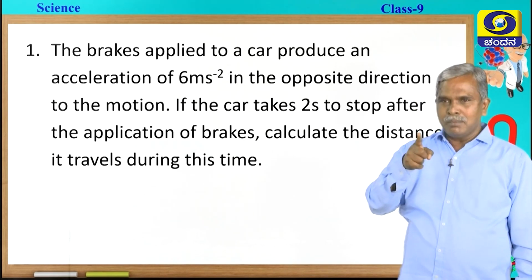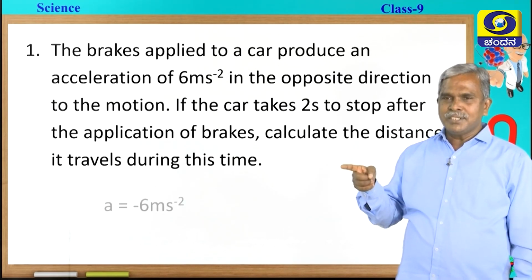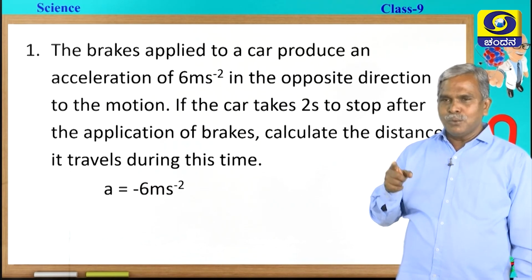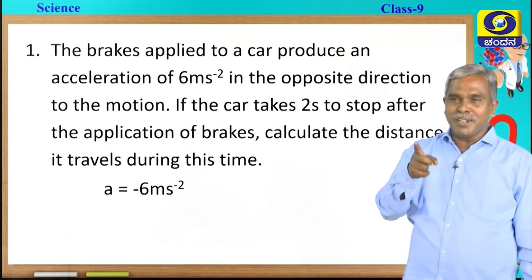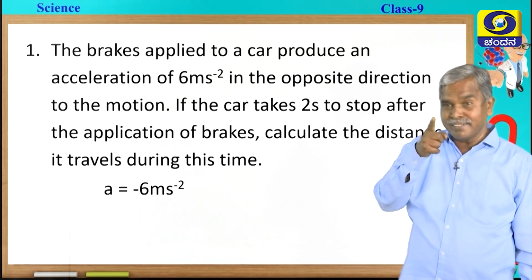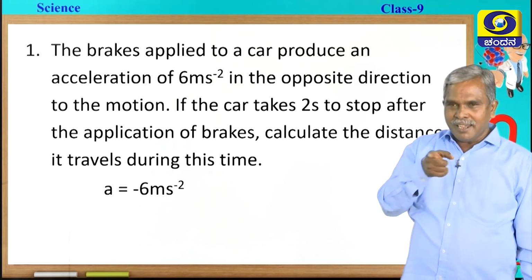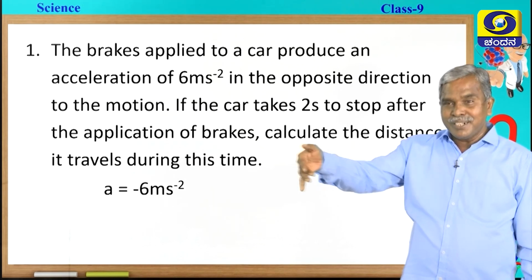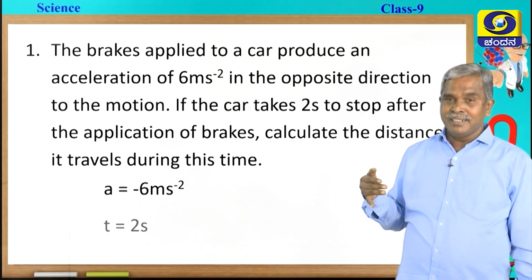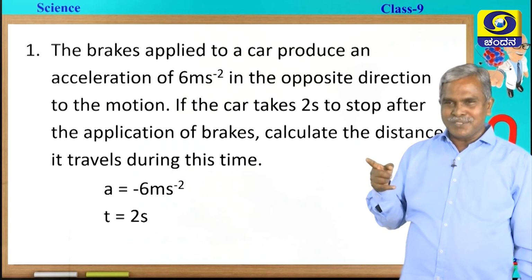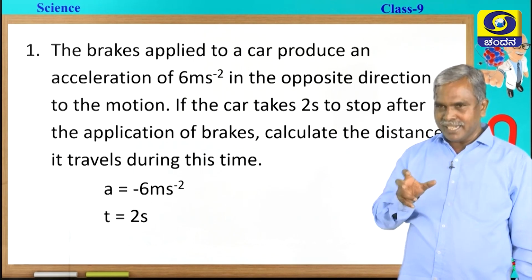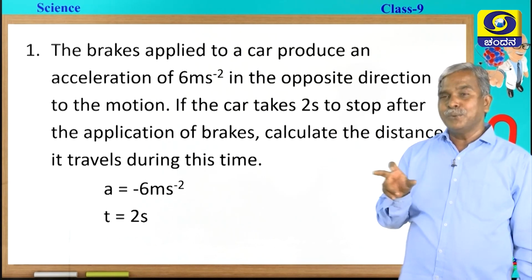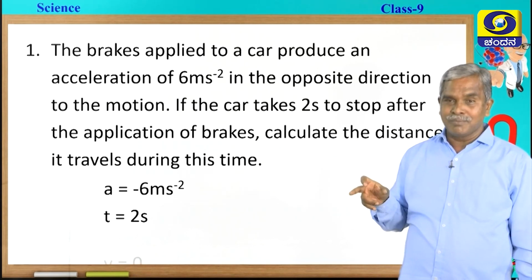So, in this problem, first of all you must try to write down what is given. a is equal to minus 6 meter per second square. Why is a a negative value? It is negative acceleration, because the vehicle is going to stop. Next, t is equal to 2 seconds. After the brakes are applied and before it comes to rest, it has taken 2 seconds to stop.